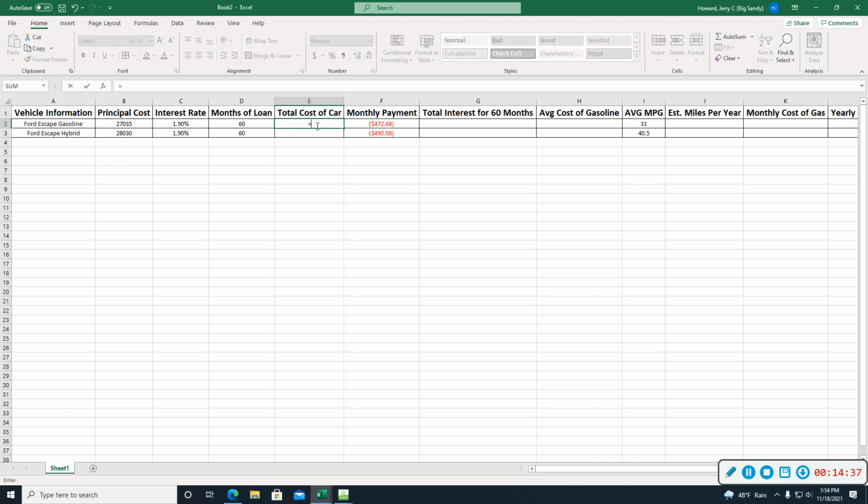All I have to do is hit equal, start my formula, and I'm going to take this, just click on this, and I want to hit times, because it's monthly payment, times how many months did I take the loan out for, and then just enter. So here is the total cost, and then I'll come down here and do the same exact thing. So I hit equal, and then I come over here and click on this, hit that for my times, and hit 60, and then enter.